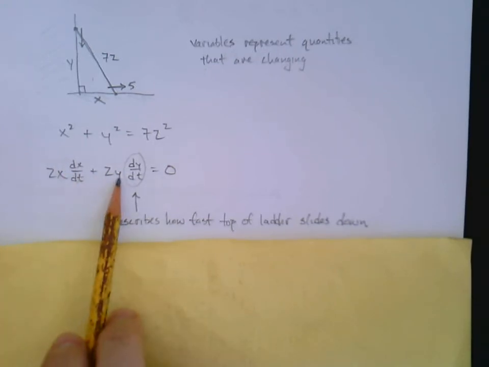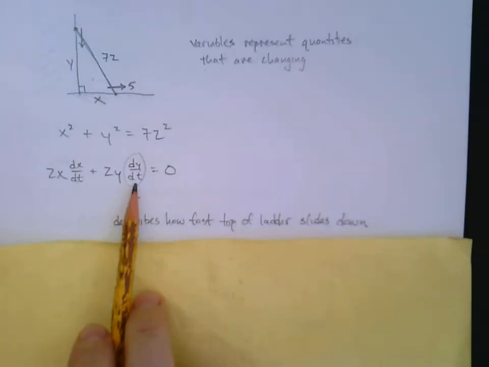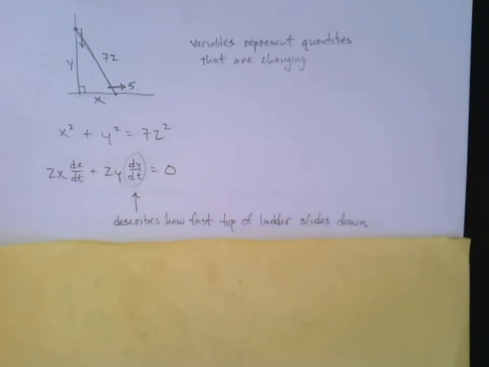When we plug those numbers in, we can easily solve for what dy over dt equals, and we'll be done. So whatever you're looking for, you must know the other parts to fill in. You go back and read the question again carefully, and you decide what's what.